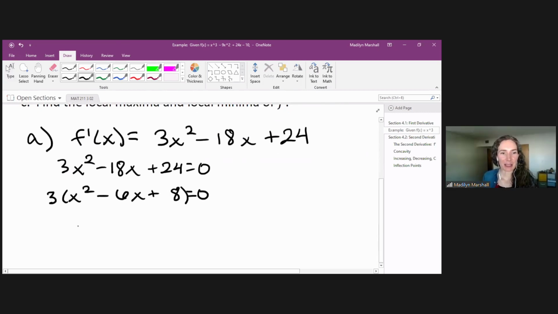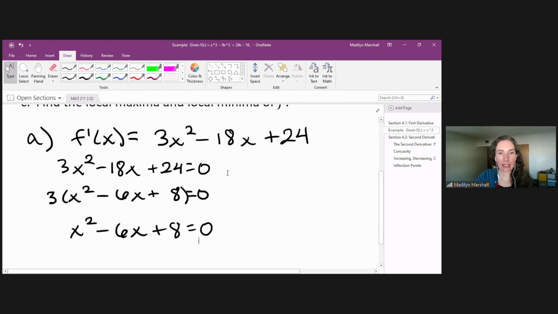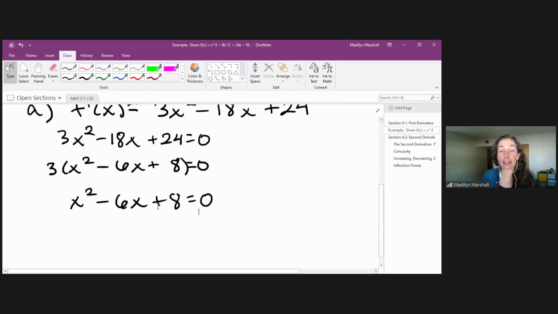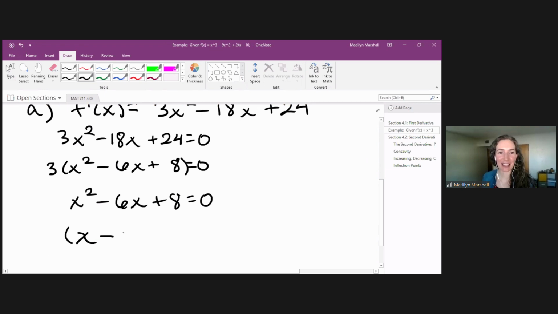We can divide both sides by 3. So we're setting that derivative to 0 and just solving. And this is factorable. To multiply to a positive 8 and add to a negative 6, we'll have -4 and -2.